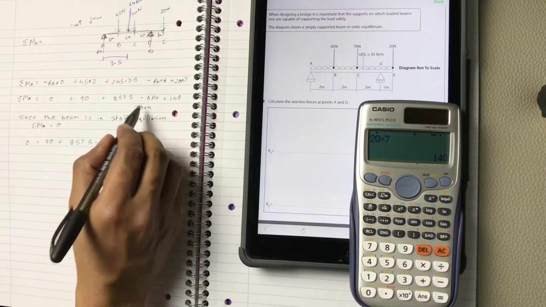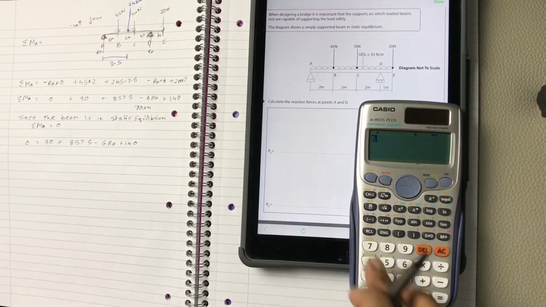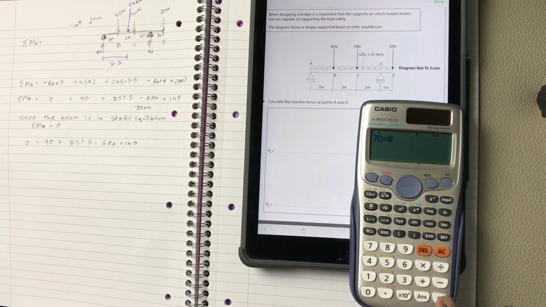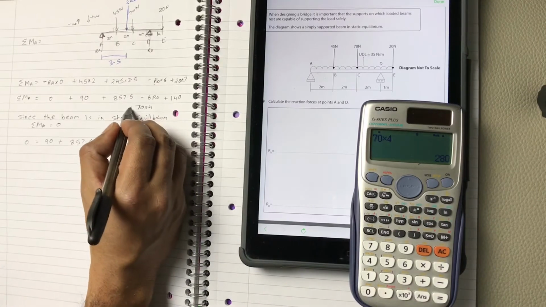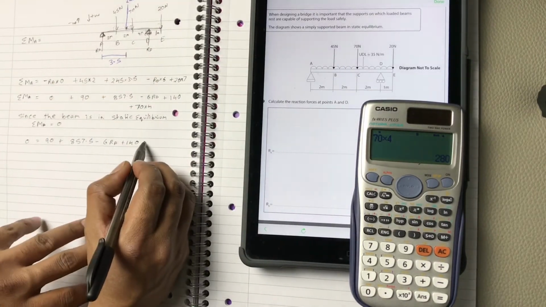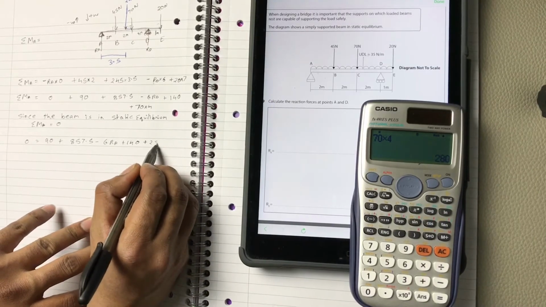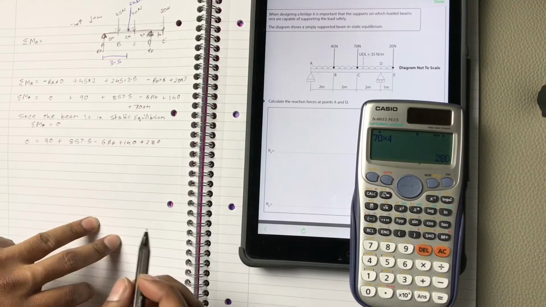Now 70 times 4 is 280. That's going to be plus 280 because 70 is going downwards, plus 280 is on the same side of the equal to sign.